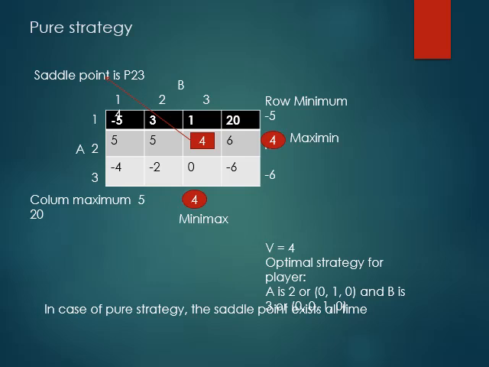He will ignore the first strategy and the third strategy. For player B, the strategy is 3, column 3. That's why he will ignore column 1, column 2 and column 4.